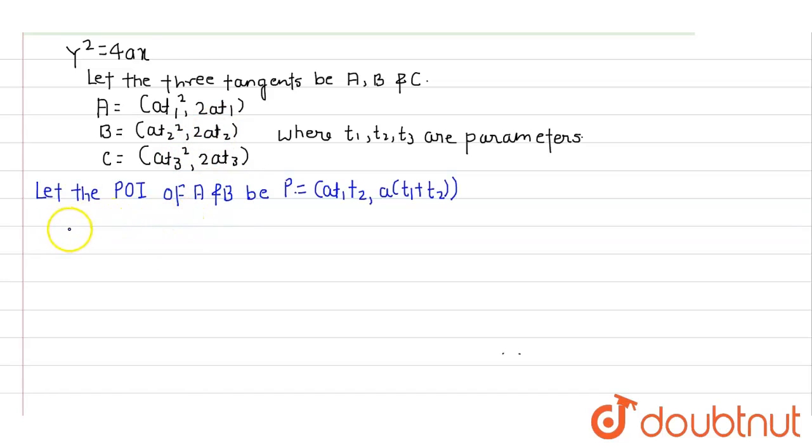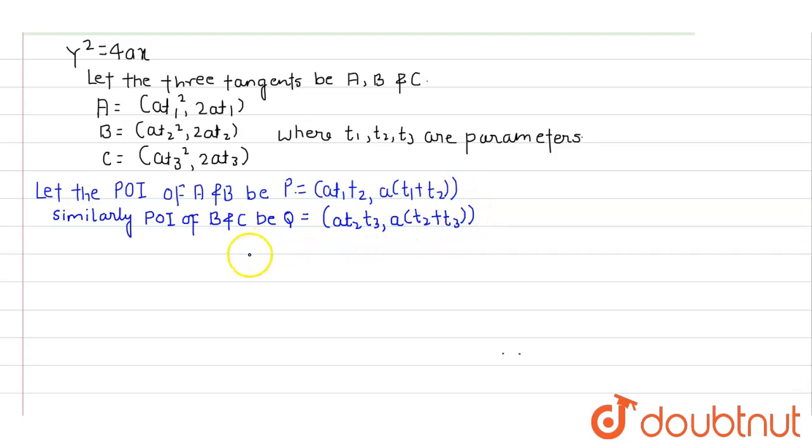Similarly, the point of intersection of B and C, let it be Q. It will be (a t2 t3, a(t2 + t3)), correct?